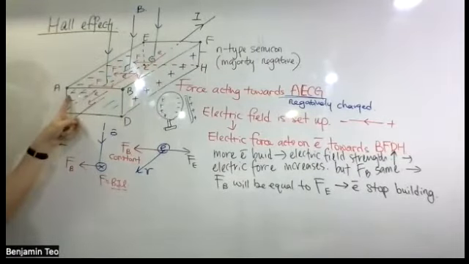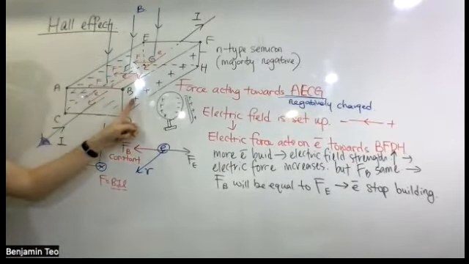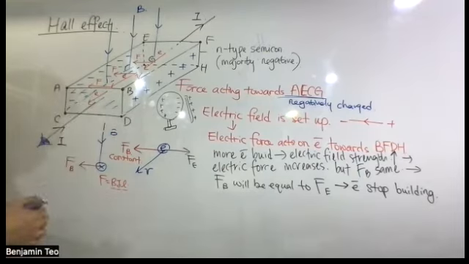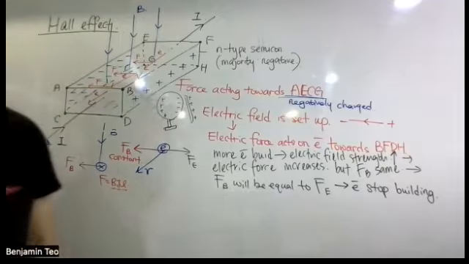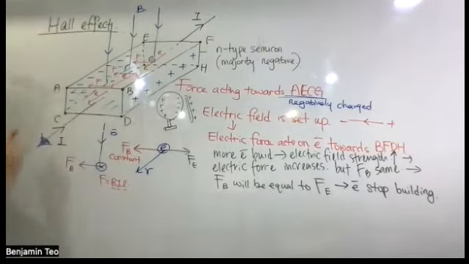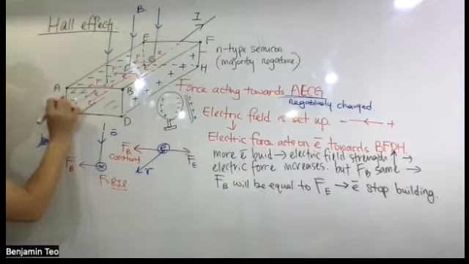There is a fixed amount of charges here on both sides. This will create a voltage. If I connect a sensitive voltmeter, a millivoltmeter, to these two sides. Which two sides? Very important.